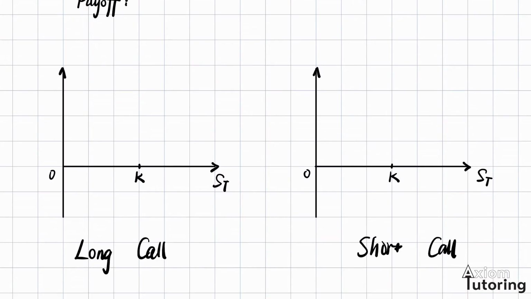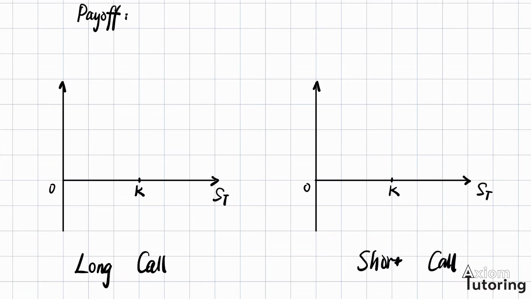So if you buy a call option, or you go long with the option, so we have talked about this before. If you go long, it means you purchase something, and if you go short, it means you sell something. Okay, so let's first deal with the long call position here. So as an investor, I will never exercise my call option if the ST or the spot price is lower than the strike price, because now I have to pay more than the market price. So any price before the strike price, I will never exercise it, and hence I'll get zero payoff.